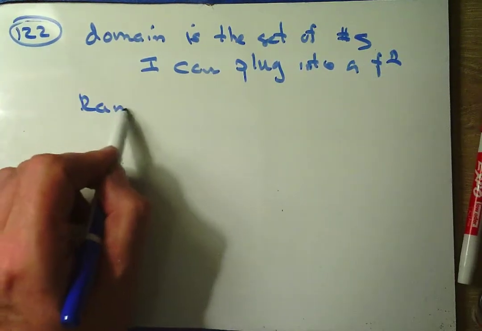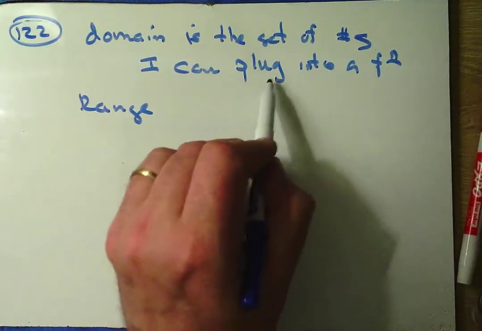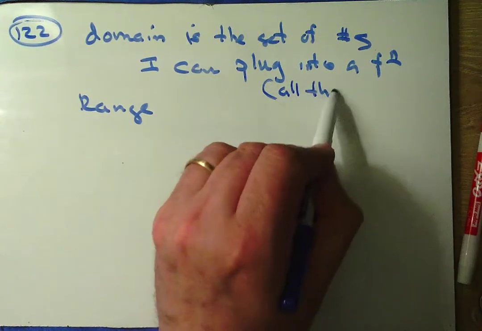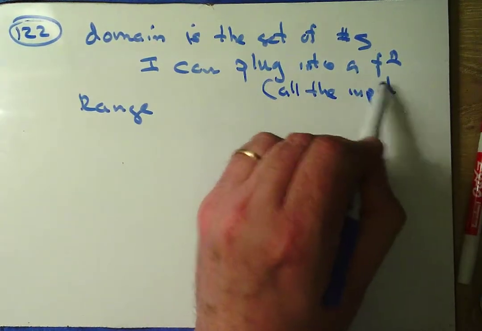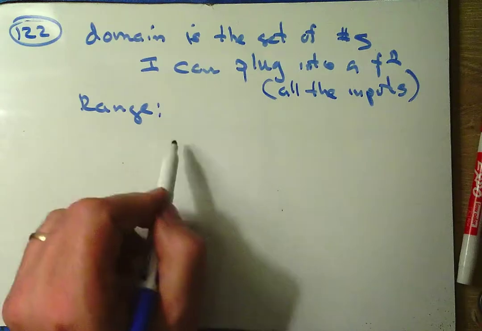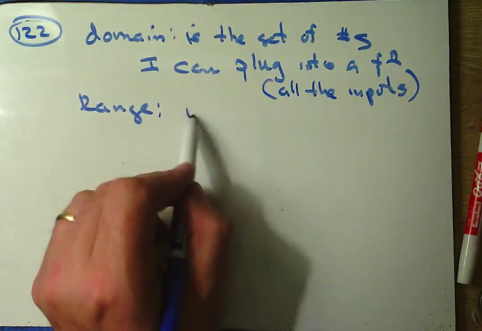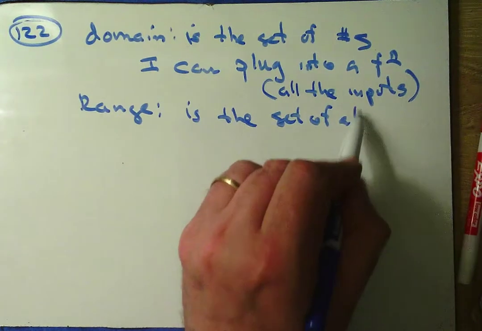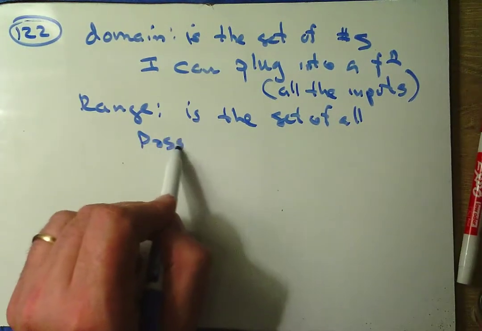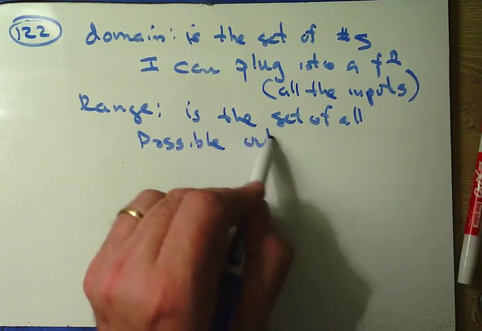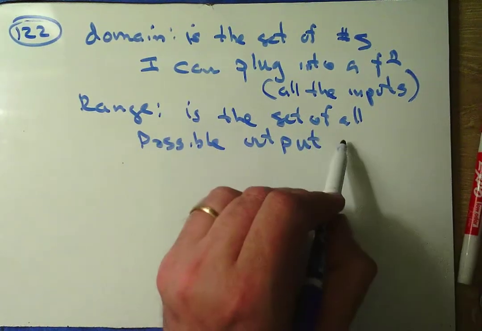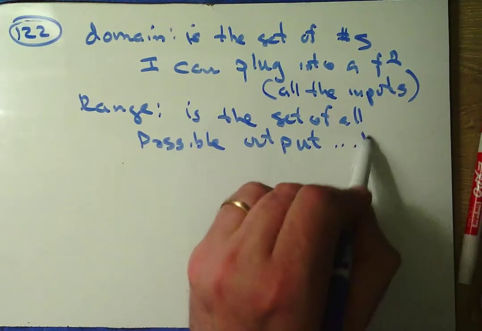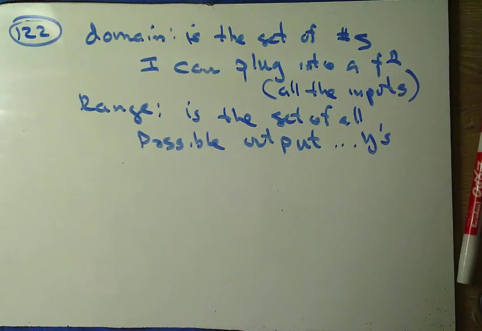I guess we could call these all the inputs. The range, meanwhile, is the set of all possible outputs. What are all the possible y values that I could get out of this function?